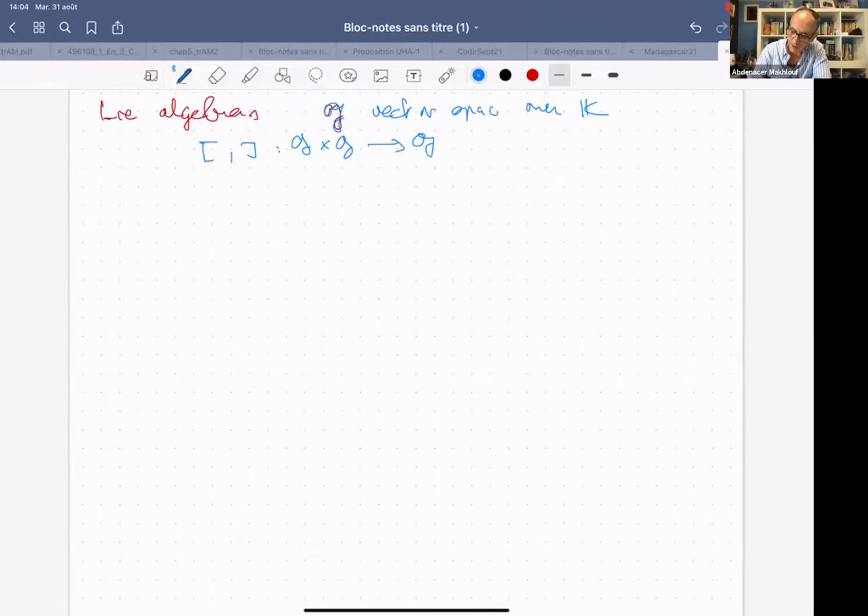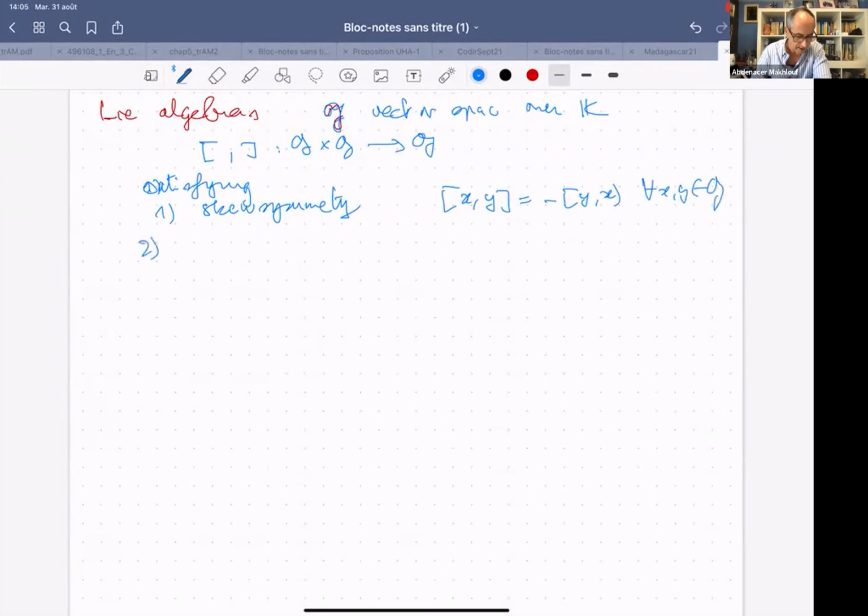The first one is skew symmetry, which means that [x,y] should be equal to minus [y,x] for any x, y in g.